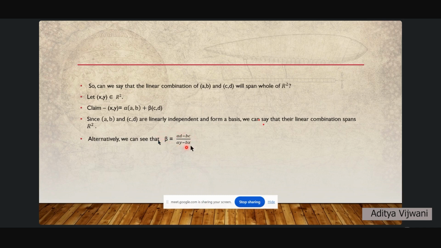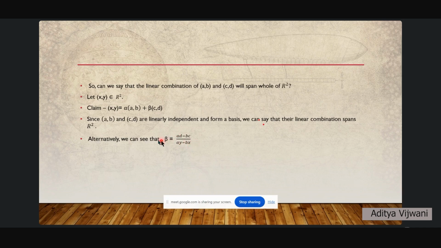What should be the condition for beta to exist? Basically, for beta to exist, AY minus BX should be non-zero, right? So that this denominator should not go to 0. And if AY minus BX is non-zero, then it's okay.